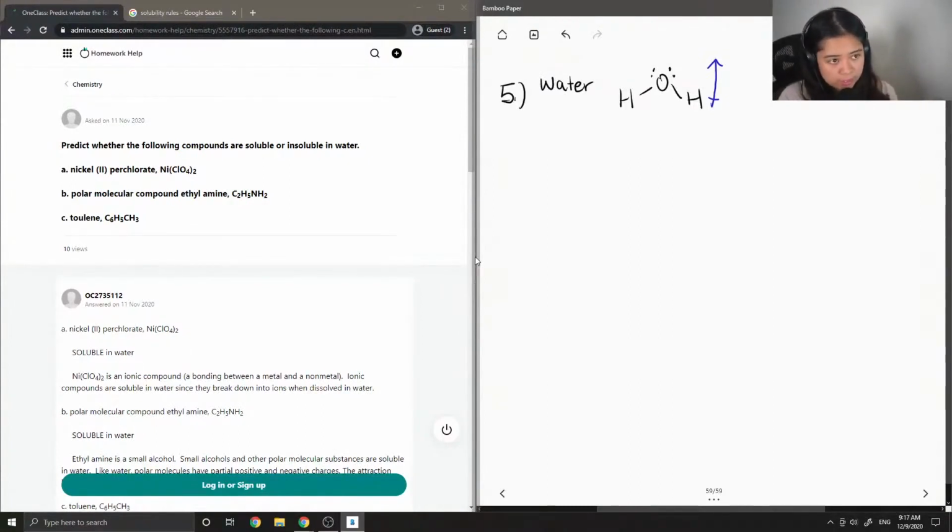One side of the water molecule will be partially negative and the other side will be partially positive. So therefore, water is polar.